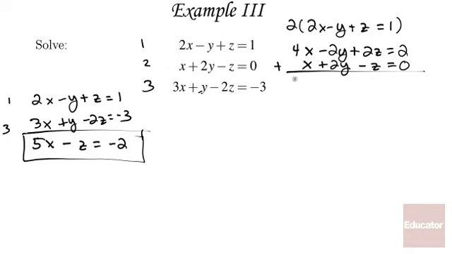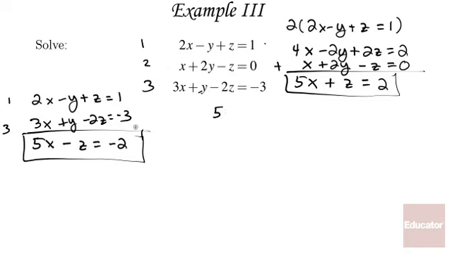Adding these together, I'm going to get 5x, y's drop out, 2z minus z is z, 2 and 0 is 2. Okay, I first worked with the first and the third, and then I worked with the first and the second to get the y's to drop out. So now I have 2 equations and 2 variables, x and z.